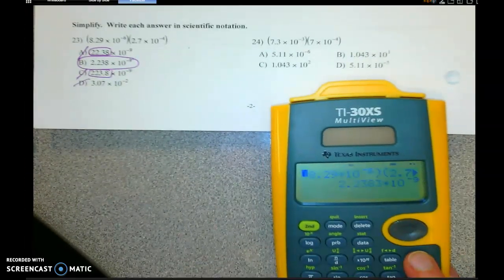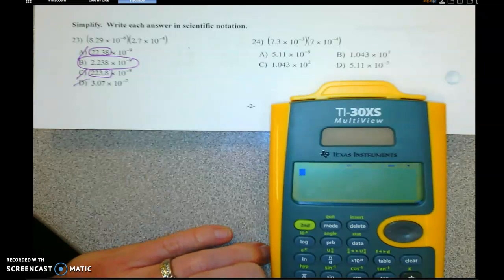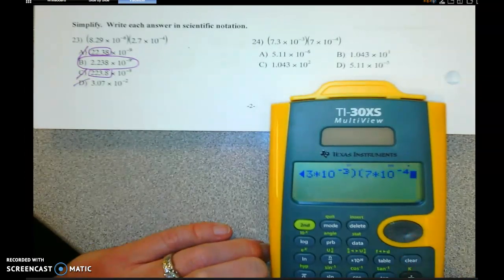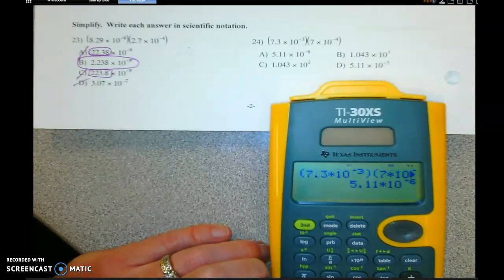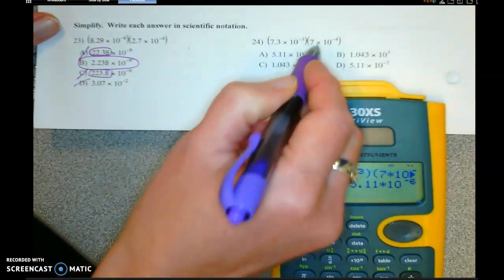Now, let's go ahead and look at 24. Okay, 24, the answers are a little bit closer together. So let's see what we get when we solve 24. So we have 7.3 times 10 to the -3, closing parentheses, 7 times 10 to the -4, close it, okay, and we end up with 5.11 to the -6, okay.